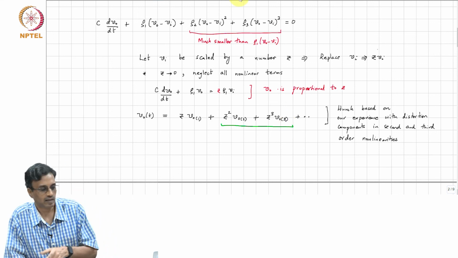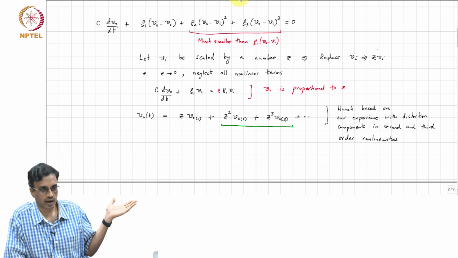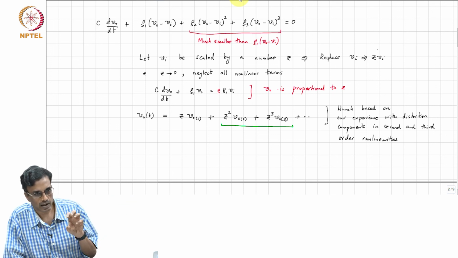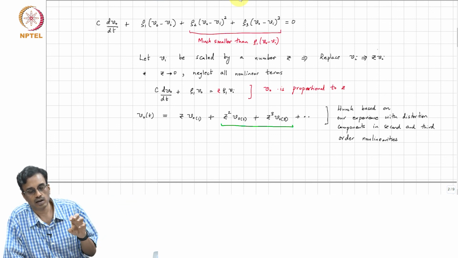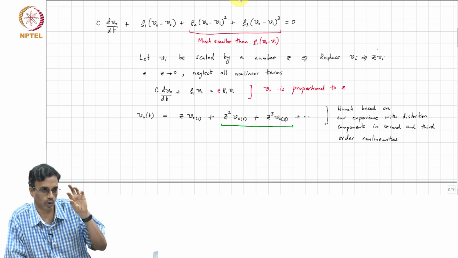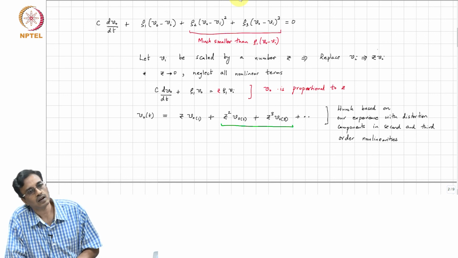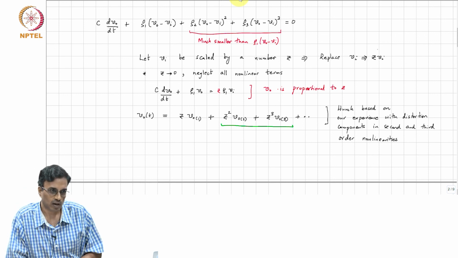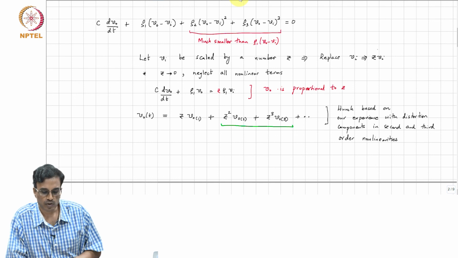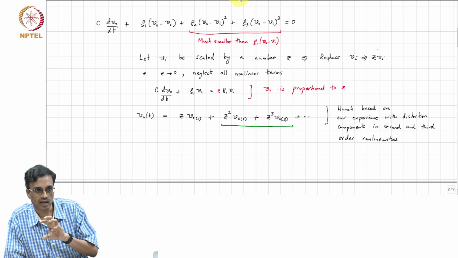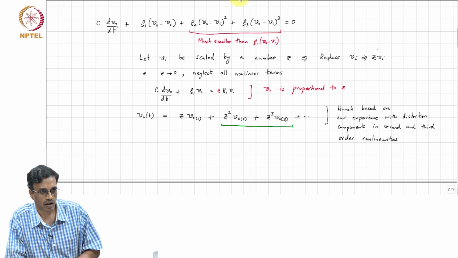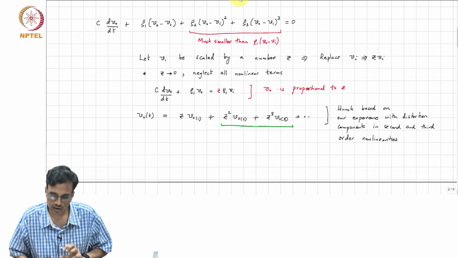This is consistent with what we observed yesterday. When we put a fundamental into an amplifier with a second order nonlinearity, you get a fundamental term which is proportional to Z, and you get a second order term which is proportional to Z square.